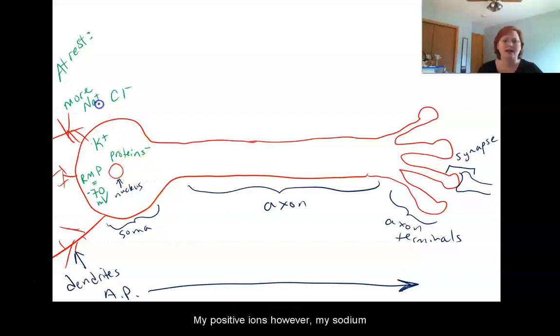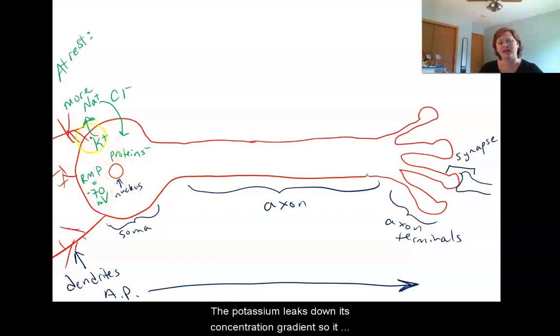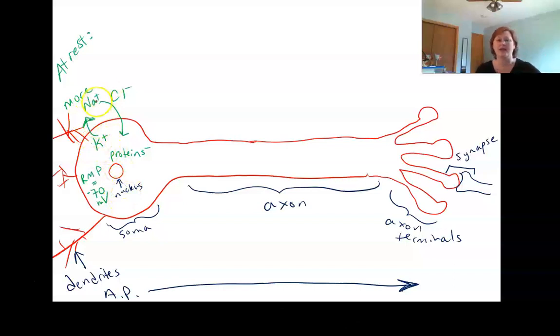My positive ions, however, my sodium and my potassium, can leak across the cell membrane. So the potassium leaks down its concentration gradient, so it leaves the cell to where there's less potassium. And my sodium leaks in to where there's less sodium.